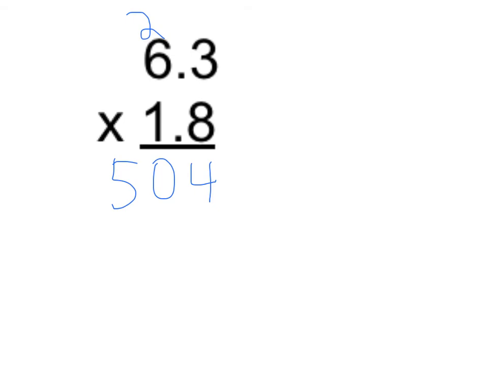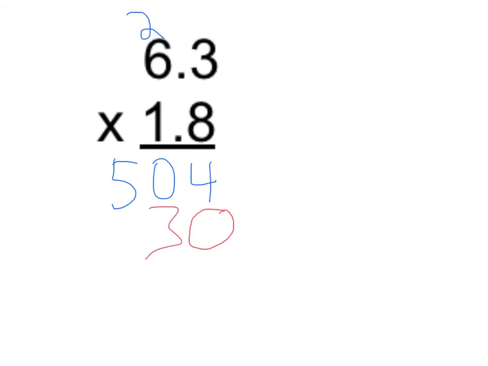Now I'm going to multiply the 6 3/10, or 63, times 1. Again, because it's in the ones column, I'm going to put a 0 underneath in the tenths column. Now I'm going to go with 1 times the 3 gives me 3.